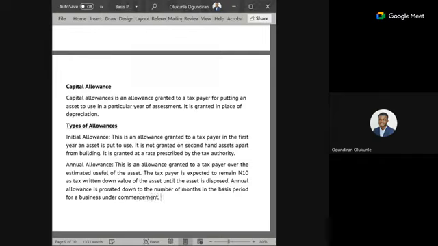All right. The annual allowance is prorated as the number of months in the basis period for a business under commencement.